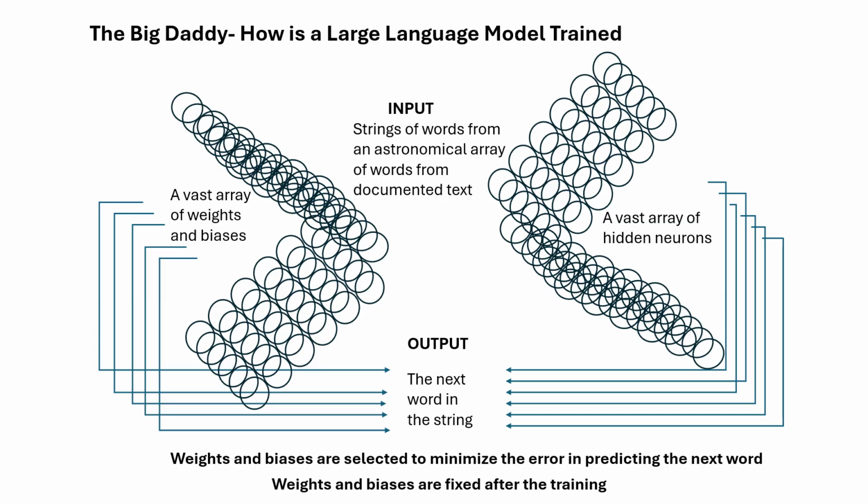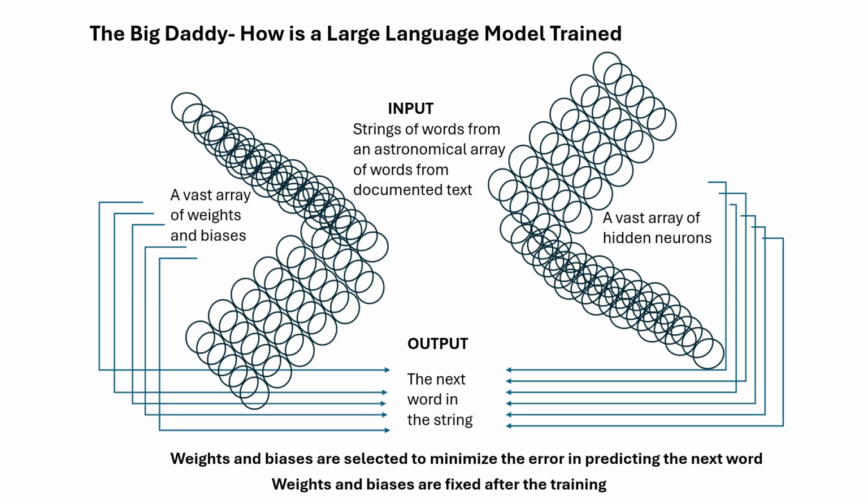So what's the input? The string of words from an astronomical array of word strings from the documented text that's out there. And then we have a vast array of hidden neurons, a vast array of weights and biases, and we apply those using calculus, again, to come up with the minimum error in predicting the next word in the string. So we have a value or a data point of what the next word should be.